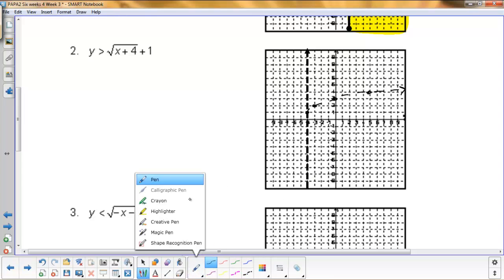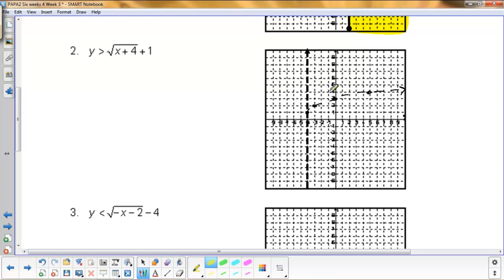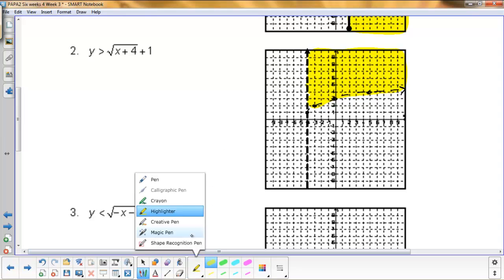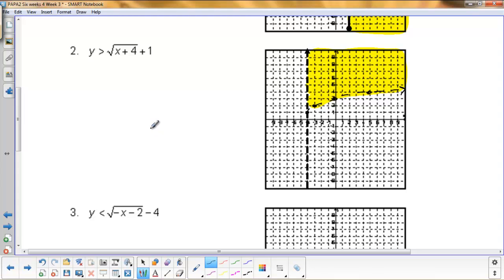The solution to this is going to be greater than the line, but not equal to it. That's what the dotted is for. We'll also express this in interval notation.